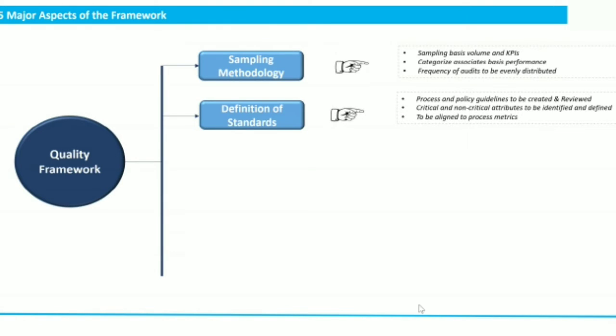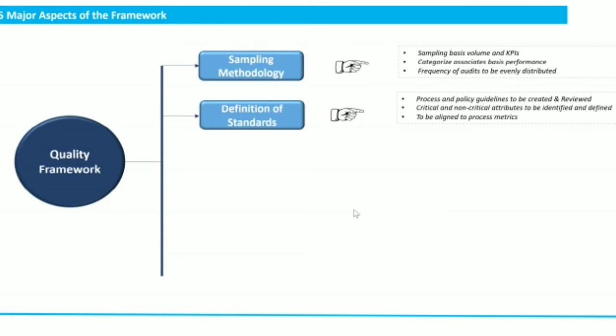Define those, very important. This will need brainstorming with multiple stakeholders within the organization, depending on the severity of that particular parameter, attribute or specification. And definitely these need to be aligned to our process metrics.